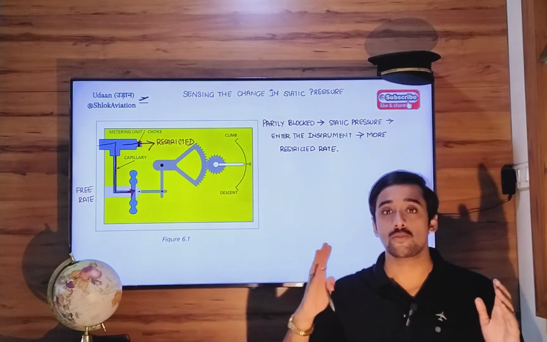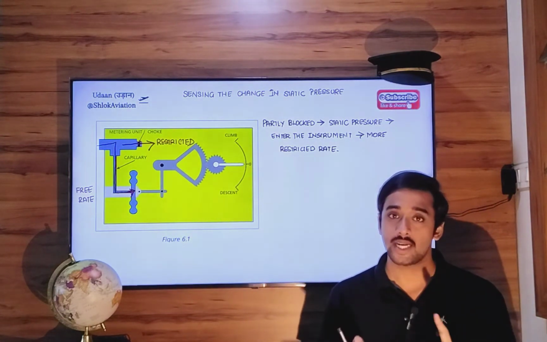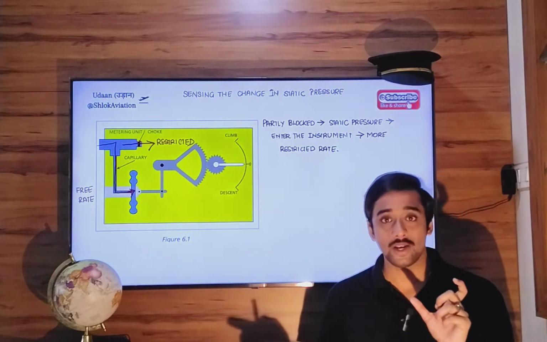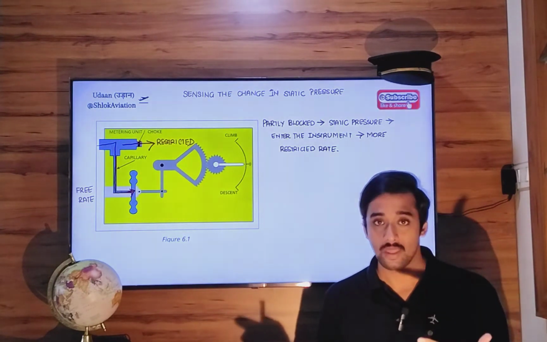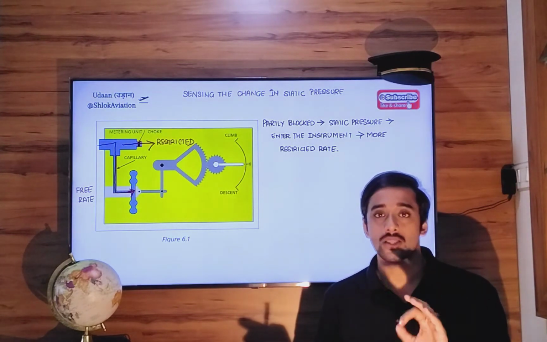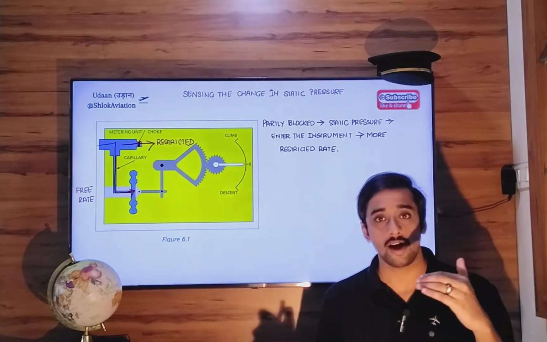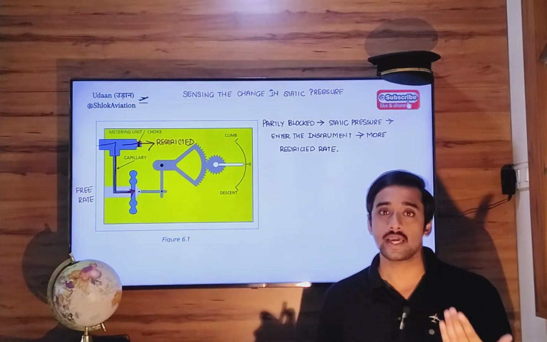So the difference between them will be huge, massive, and this will translate into a rate of climb or rate of descent which is too high. So even if you are climbing at 500 feet per minute, the VSI will show that you are climbing at 700 feet per minute. If you are descending at, let's say, 500 feet per minute, the VSI indicator will overread.